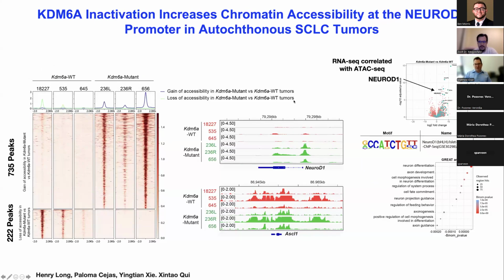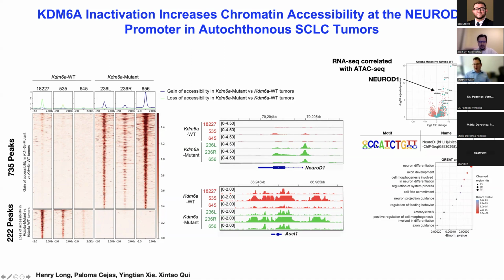So doing further epigenomic characterization, this is with ATAC-seq, we could look at the changes in open chromatin between KDM6A mutant and KDM6A wild type tumors. And what we saw was consistent with our expression results, that the promoters at NeuroD1 were all open in the KDM6A mutant tumors.